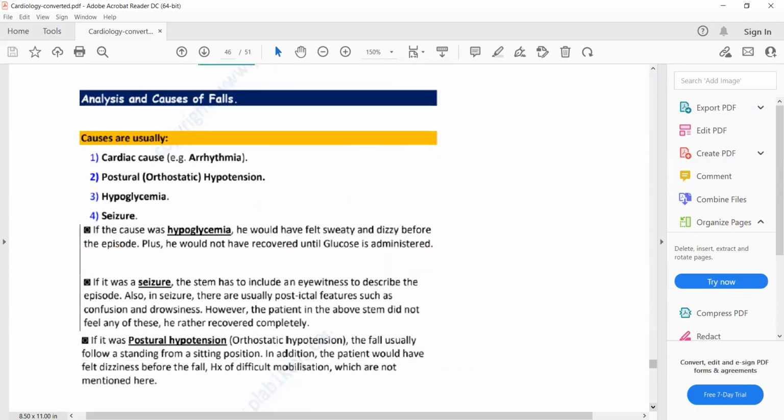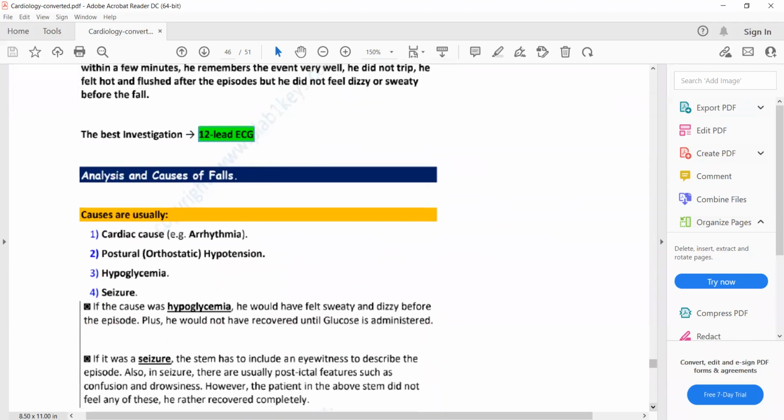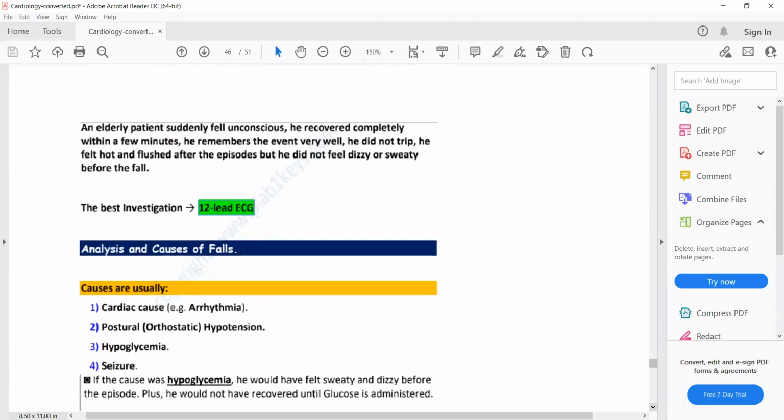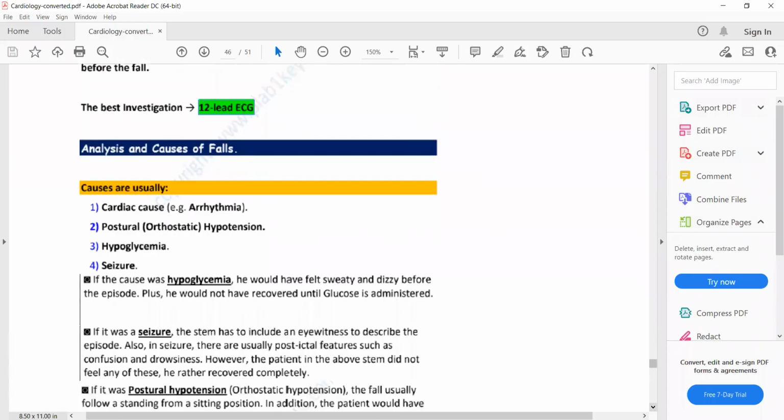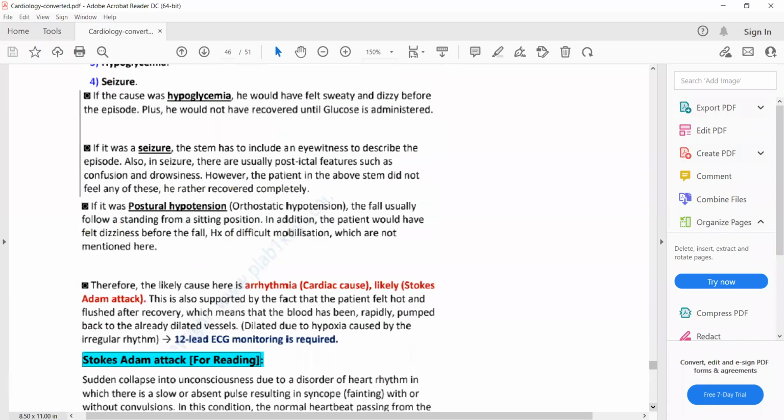So this was all about differential diagnosis of syncope and sudden falls.